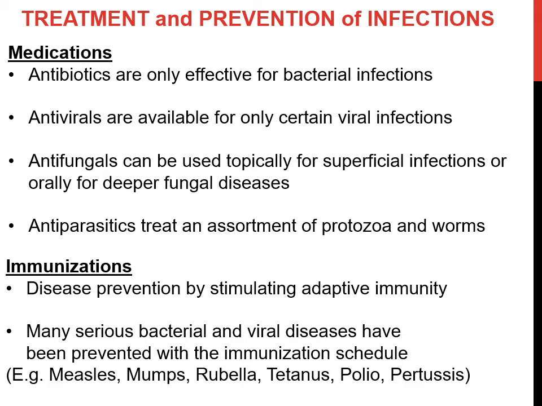Okay, so that's an important concept to remember, that a lot of our adaptive immunity is through immunizations, and then the rest of our adaptive immunity is through acquiring the infection, living through the infection, and then having a long-term adaptive immunity to that particular pathogen.